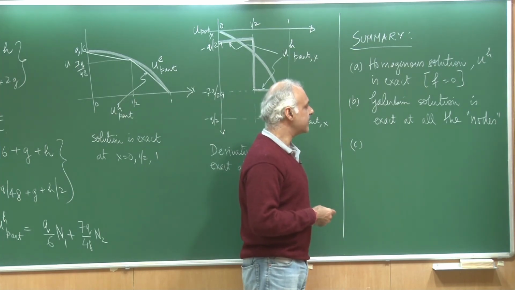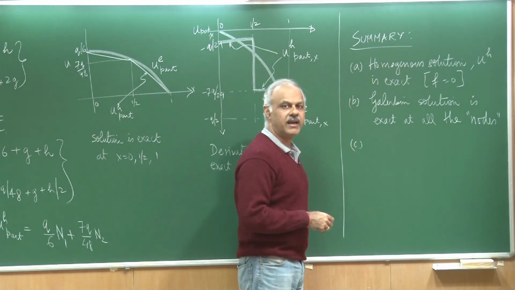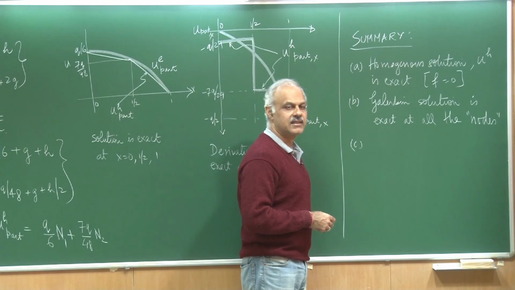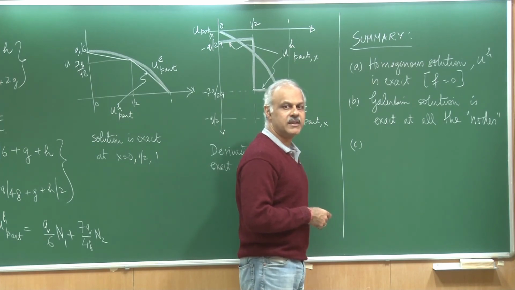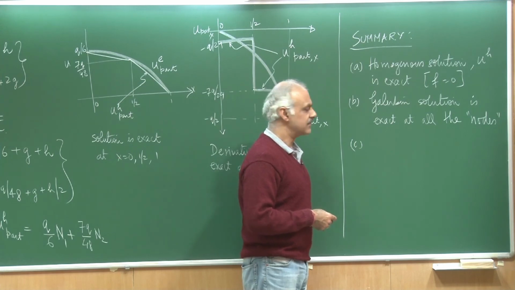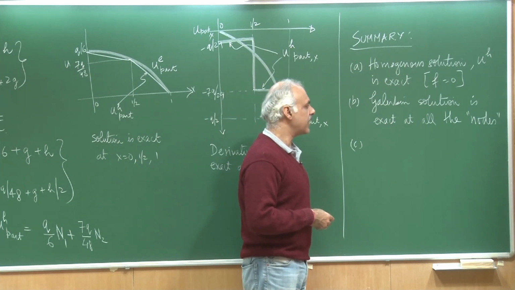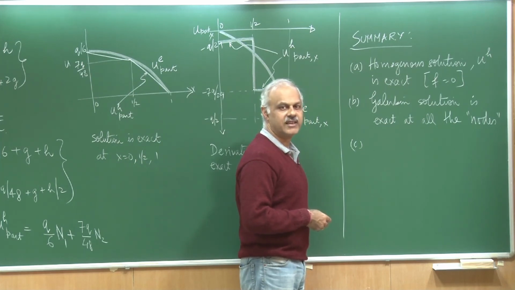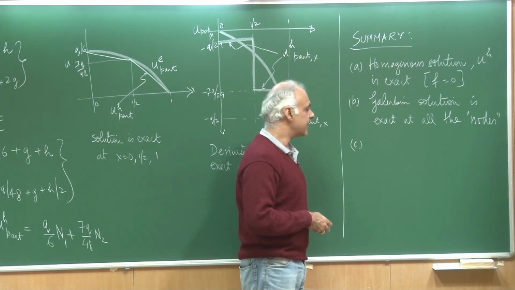For example, in heat transfer, u could represent a temperature and u comma x would represent flux. Similarly, in solid mechanics, you have displacements and then strains. In fluid mechanics, you would have velocities, and the derivatives are related to strain rates and therefore stresses. So, they are also of engineering interest.